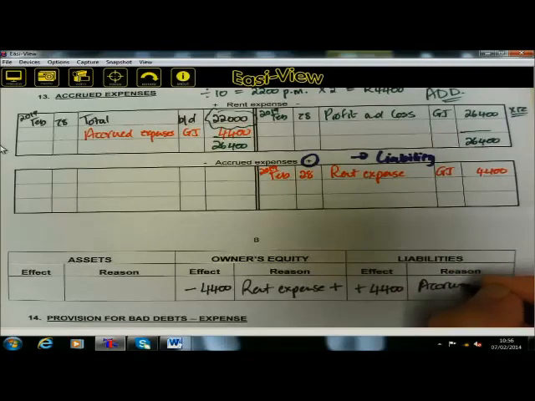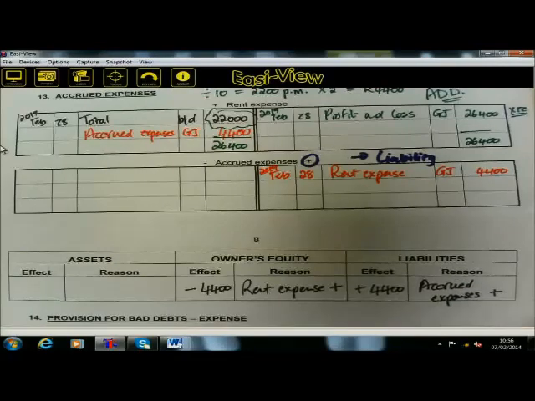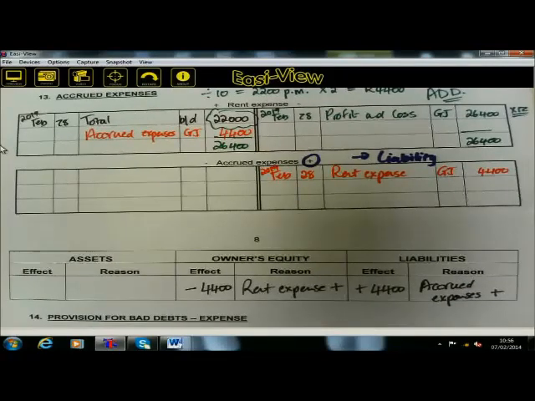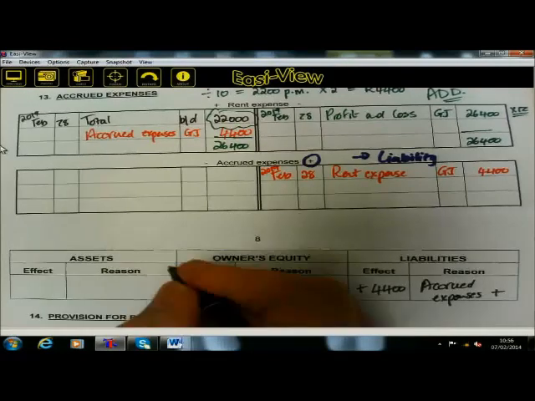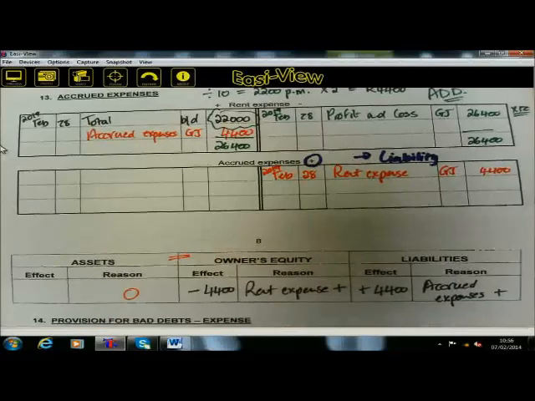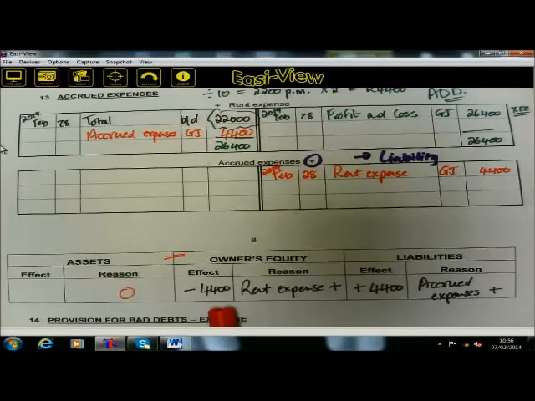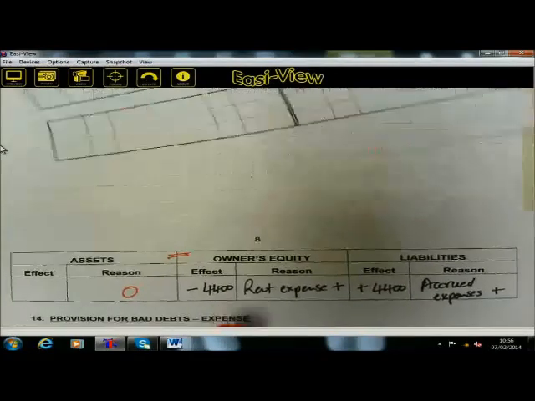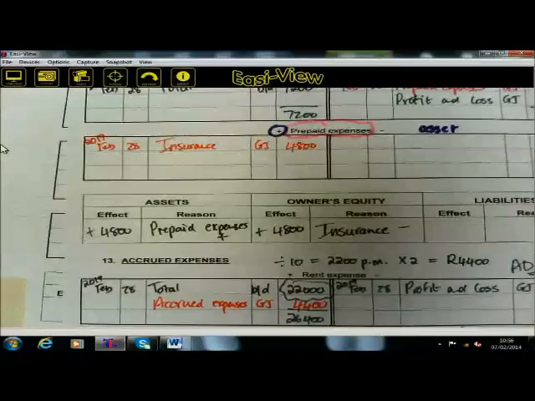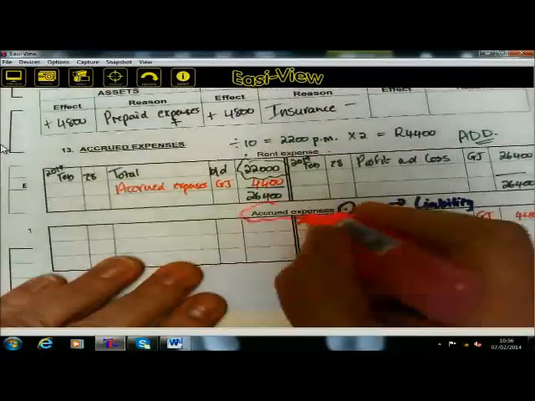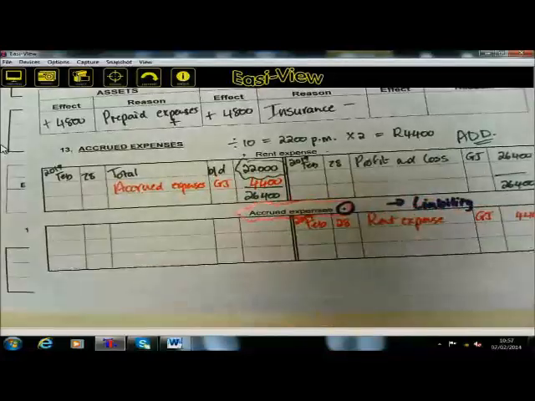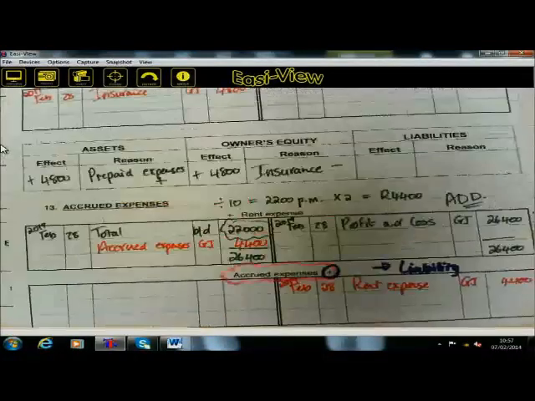Accrued expenses become more liabilities, more rent expense gives you less owner's equity. Remember about the equal there, there's a zero there on your calculator. Plus 4,400 minus 4,400 gives you 0. And this is our last temporary account that we must do a reversal entry for tomorrow morning.